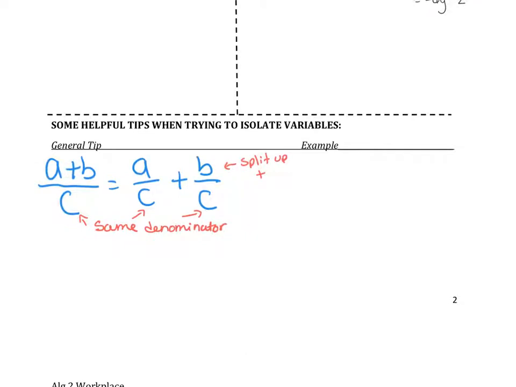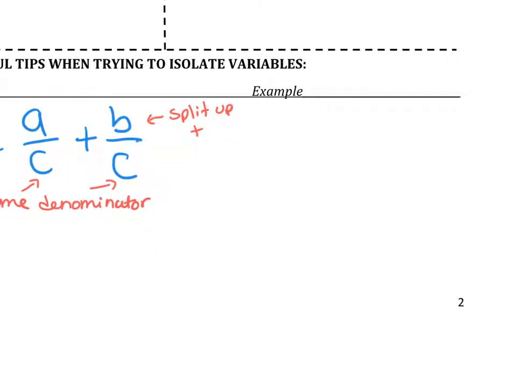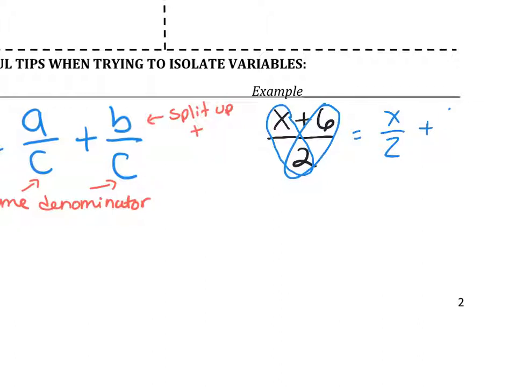And so the example could be the one that we did up above, or if we just had like x plus 6 over 2, we could rewrite that. Again, you take each part of that addition, so x over 2 plus 6 over 2. And then we can use that to simplify further.